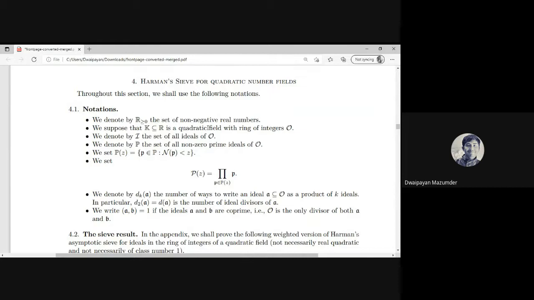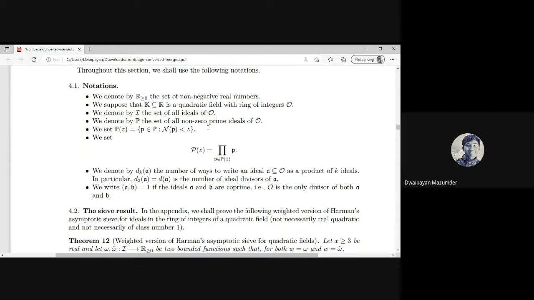Important is this P, the set of all non-zero prime ideals, and we take P_z to be all such prime ideals with norm less than z, and P(z) is the product of these. d_k of an ideal is the number of ways to write an ideal as a product of k ideals. So d_2 of A is simply the number of divisors of the ideal A. And in the case of the GCD, two ideals are coprime if the only common divisor of both A and B is O.